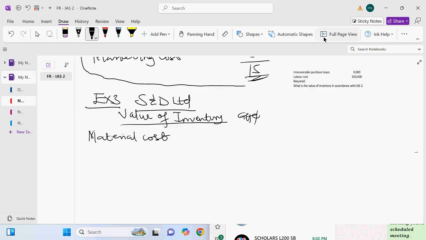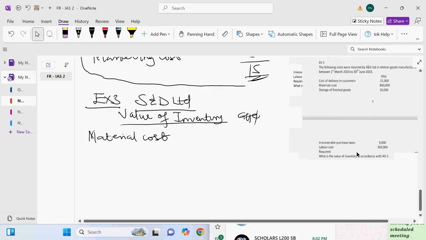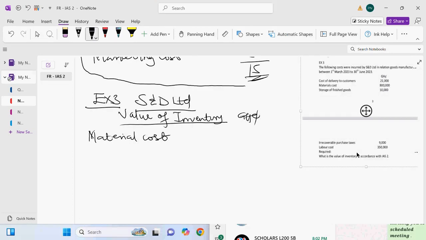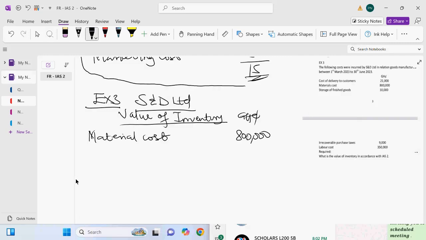What is the material cost? Material cost 800,000. So the value of the inventory, 800,000. And storage of finished goods, will it be capitalized as part of the cost?